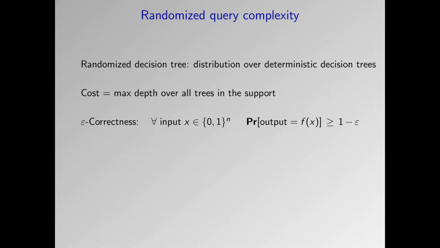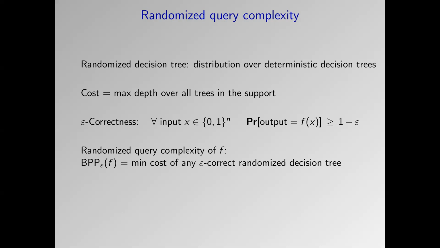Correctness means that for every input x, the probability that the decision tree correctly outputs f of x should be at least 1 minus epsilon. And then the randomized query complexity of f is just the minimum cost of any epsilon-correct randomized decision tree for f. This error probability epsilon is a subscript here, but without the subscript, the default is that we mean error probability 1/3.